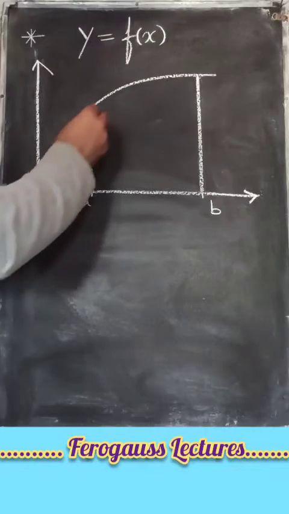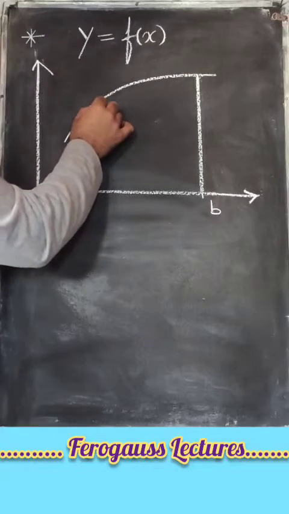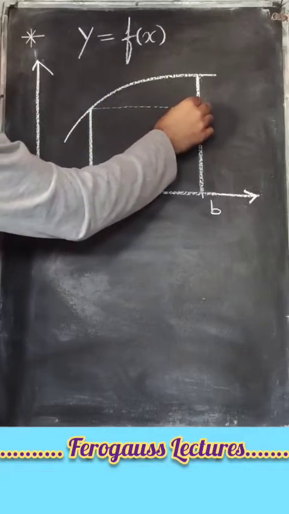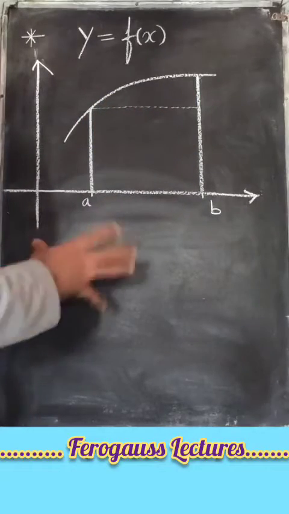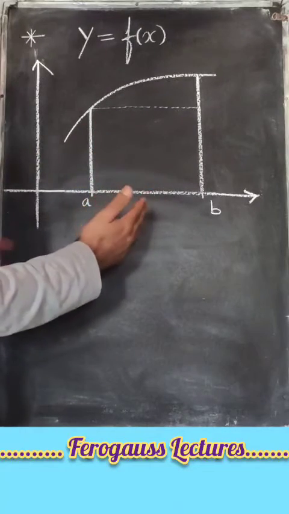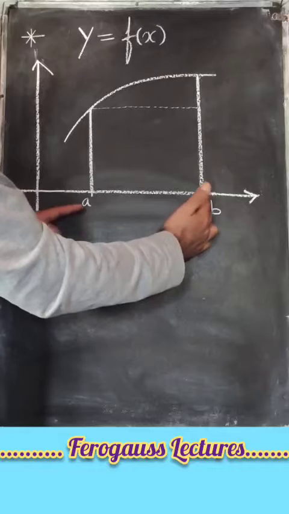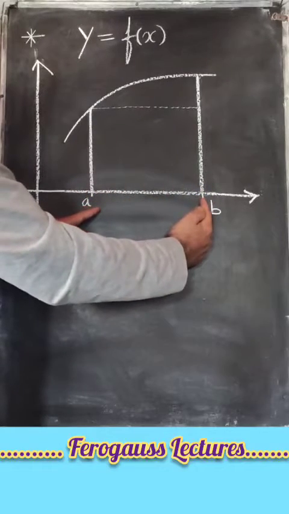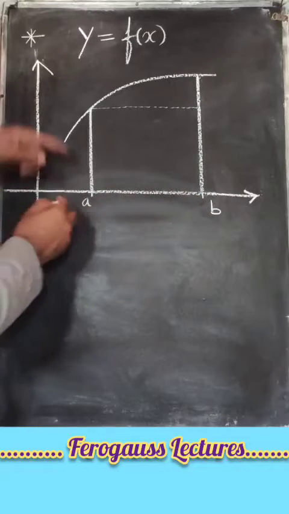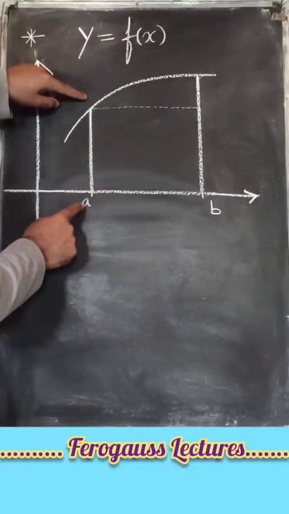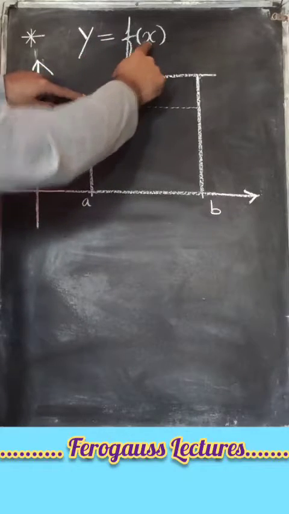Now we complete a rectangle here. Now we can easily find area of this rectangle as this side is equal to b minus a. B minus a is length of this side, and length of this side is equal to f(a). When x is a, we get y is equal to f(a).